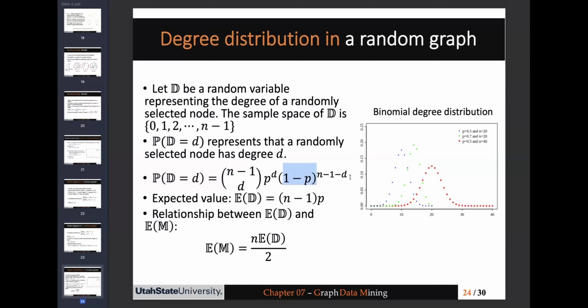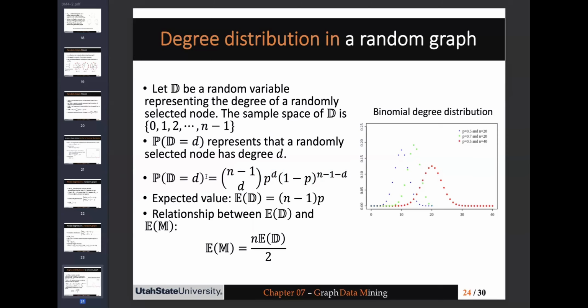So there are n minus 1 minus d nodes that I'm not connected to, d of them I'm connected to, and there are n minus 1 choose d ways to pick those nodes from my random graph. That's my probability that D is equal to d.